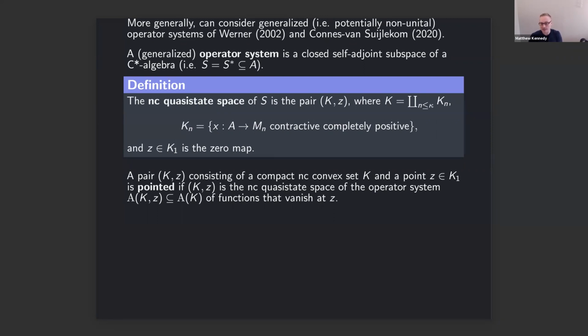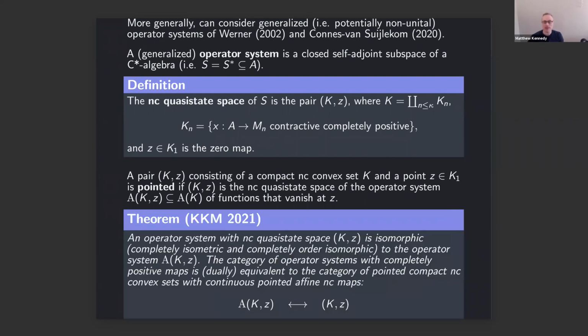Now it's possible to write down a more geometric, or if you like, a more intrinsic characterization of when such a pair is pointed in this sense. But the key point is that with this definition, we get a nice dual equivalence between the category of generalized operator systems and pointed compact NC convex sets.